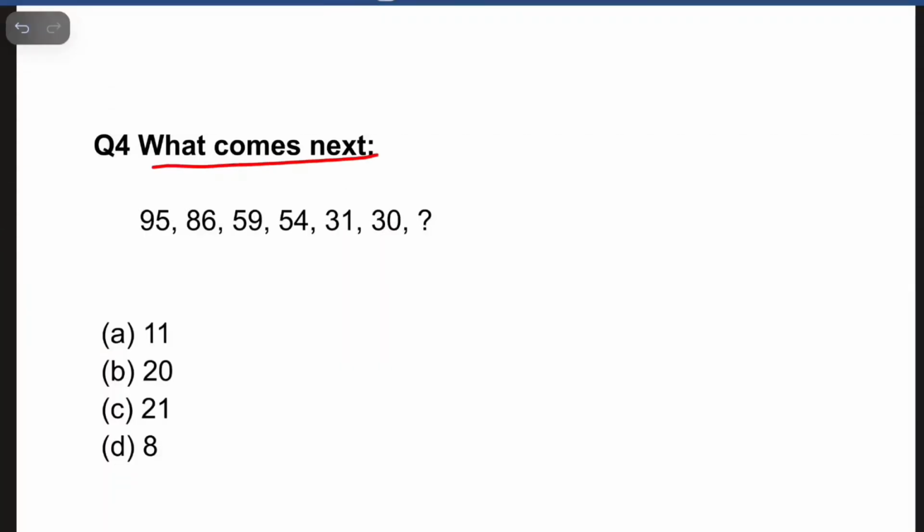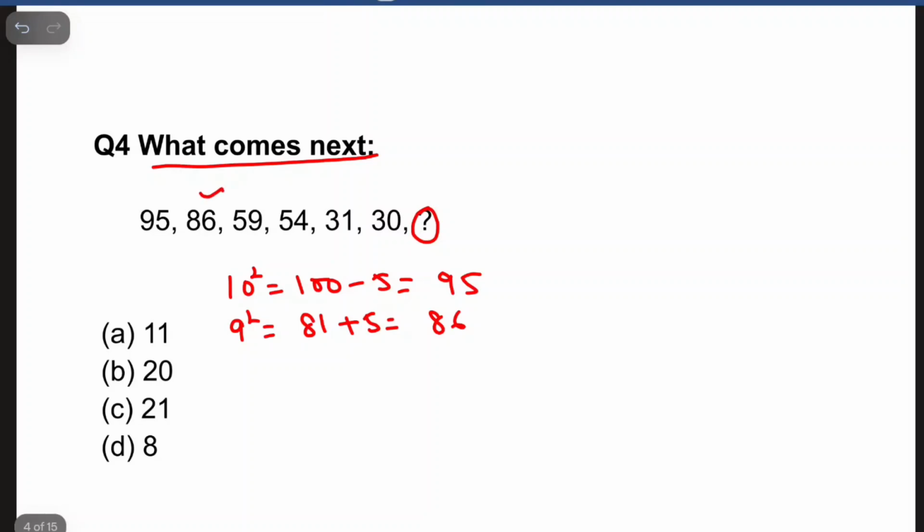Number 4, what comes next? 95, 86, 59, 54, 31, 30 and we have to find this missing number. Now we know that 10 square is 100. If we subtract 5, we get 95. Similarly, 9 square is 81. Now if we add 5, we get 86. 8 square is 64.